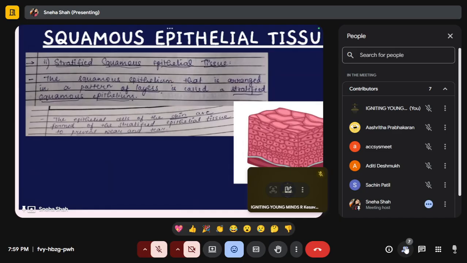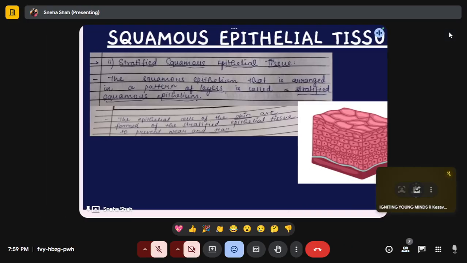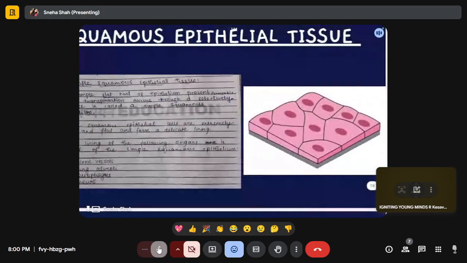Ma'am, why are they arranged like that, ma'am? Like I said, they are arranged in layers. So if there is a cut on your skin, it will get deeper by layers and it will not directly reach the blood vessel. If it is not in layers, if it is simply this kind of structure, then it will get a single cut and directly reach the blood vessels in your skin, in your body, from where blood will come out of your body.